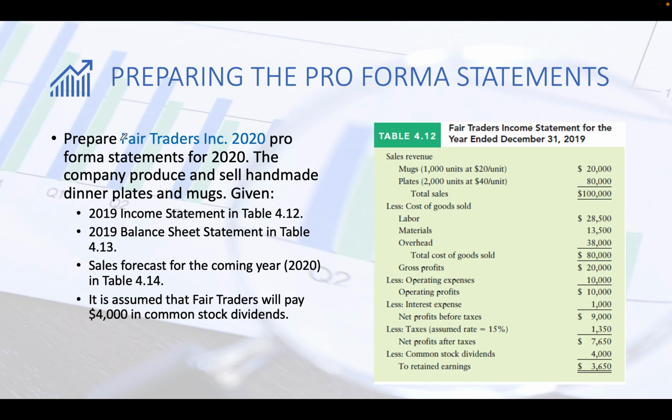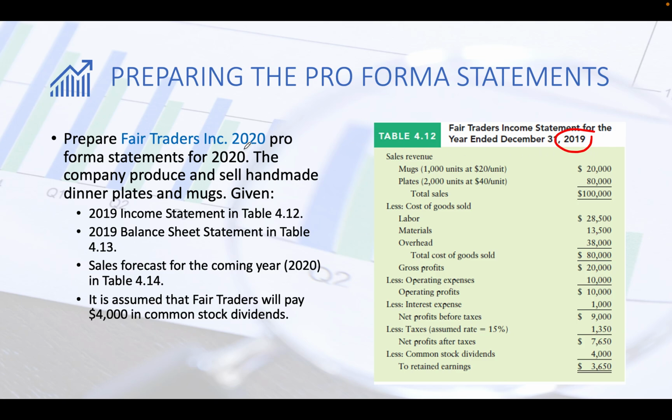In this example, the question asks to prepare Fair Traders Incorporated, 2020 pro forma income statement. The company produces and sells handmade dinner plates and mugs. Jadi this one is income statement for 2019.